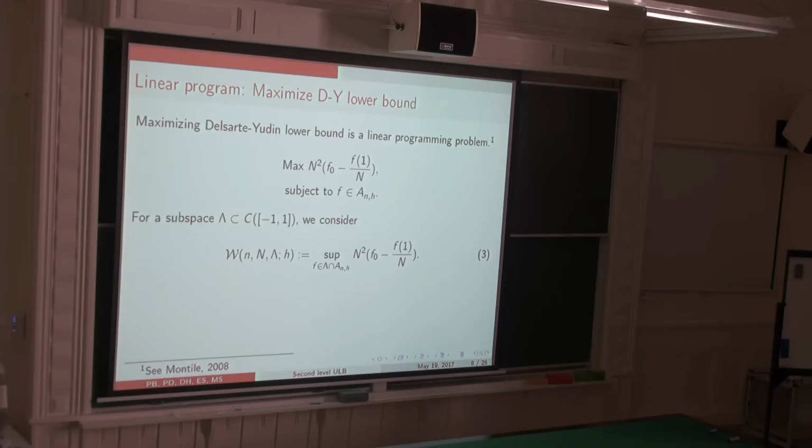This class, A sub H, was really the good potentials, f less or equal to h, with non-negative Gegenbauer coefficients.